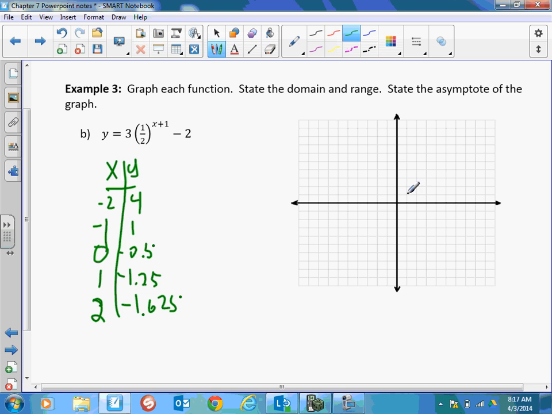So when we graph that, we got -2, 4; -1, 1; 0, -0.5; 1, -1.25; and 2, -1.625. So it'll be about right here. I know I got that line there, but that's fine. We'll fix that later. Then the line should look like this, and then it should go up like that from here. Doesn't have to be perfect, just close.